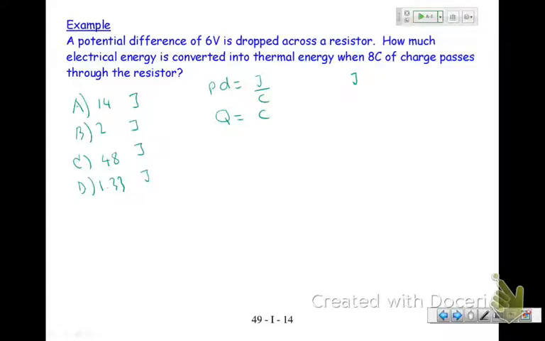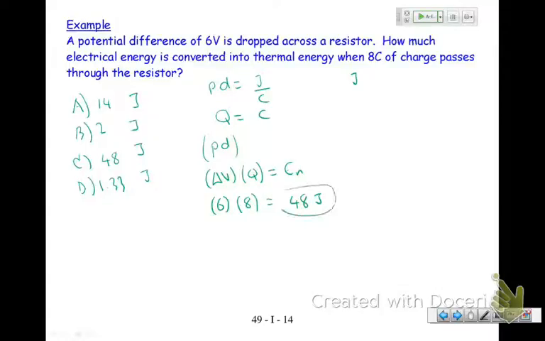So my potential difference, delta V, multiplied by my charge is going to equal my energy. It's 6 volts multiplied by 8 coulombs. Each coulomb delivers 6 joules of energy, so I end up with 48 joules. Cool?